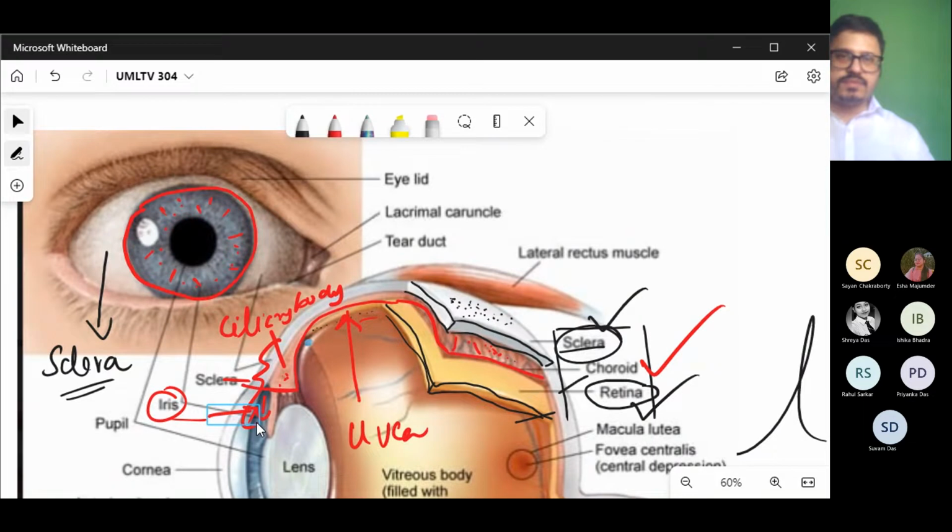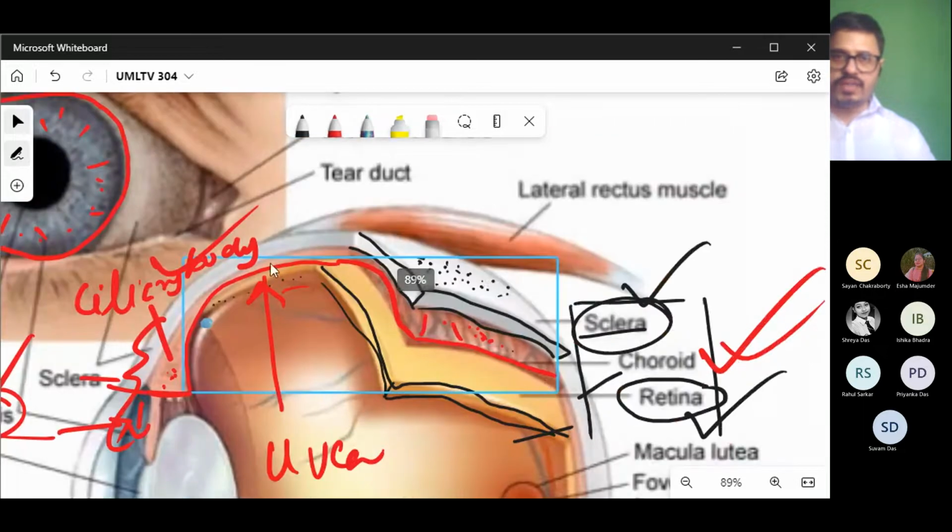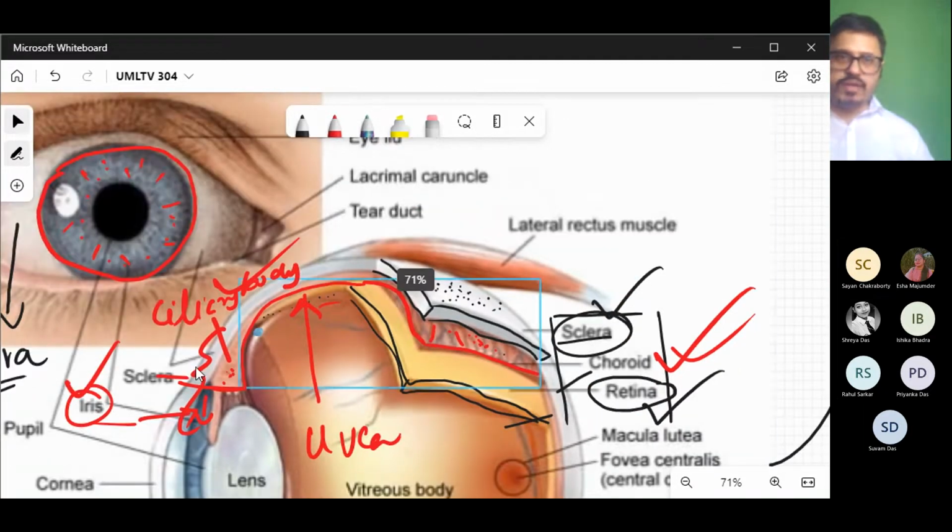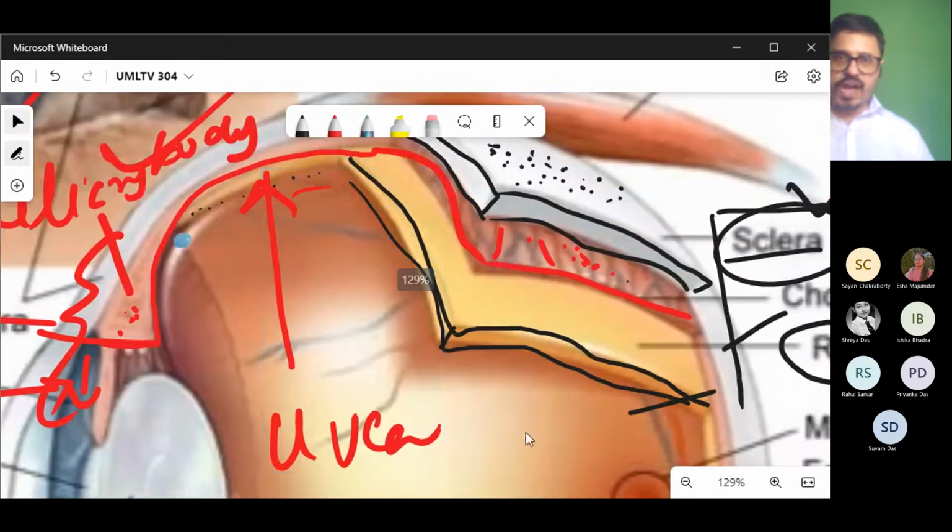Yes, sir. So this iris, the ciliary body, and this choroid, all these three taken together are marked with this red colored line. Have you noticed? And this entire structure marked with this red colored line, comprising the choroid, the iris, and the ciliary body, is termed as uvea.